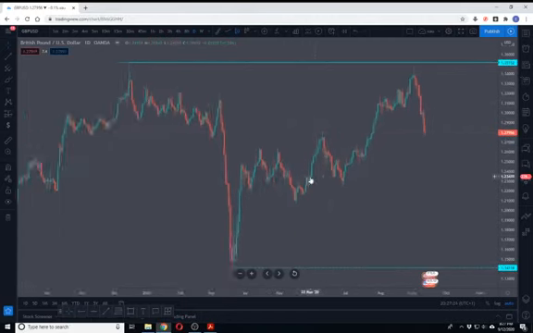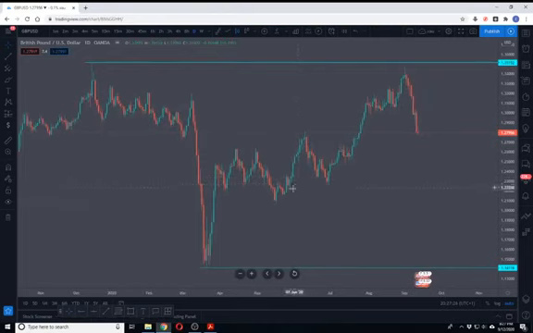And on the daily time frame, you can see that the market went bullish, started to give you a high, a low, higher high, higher low, higher high, higher low, higher high.